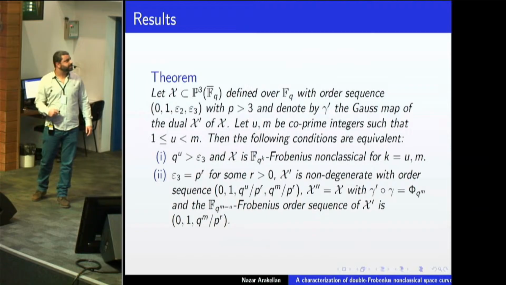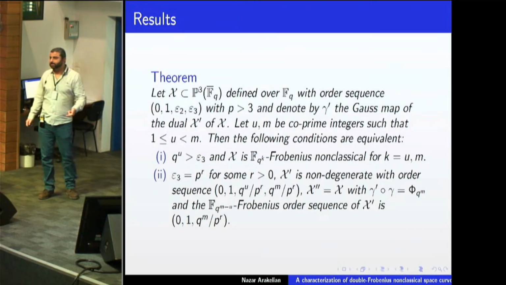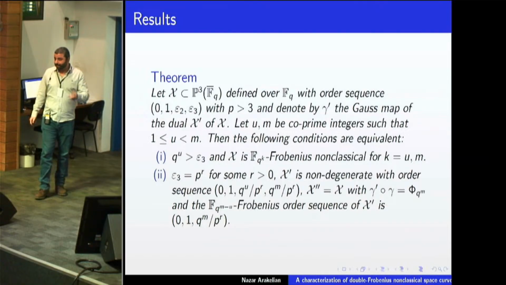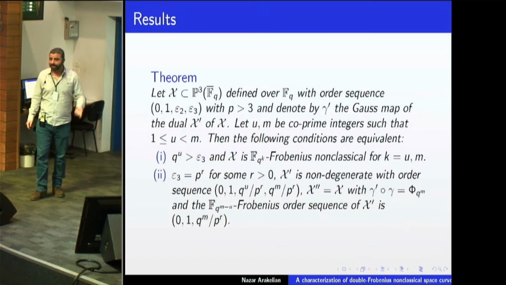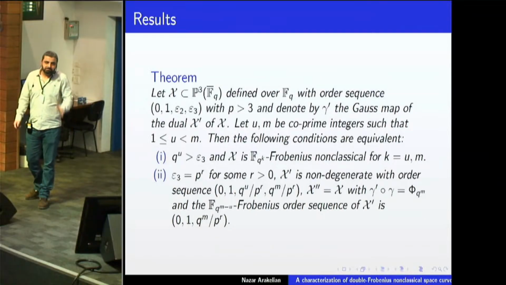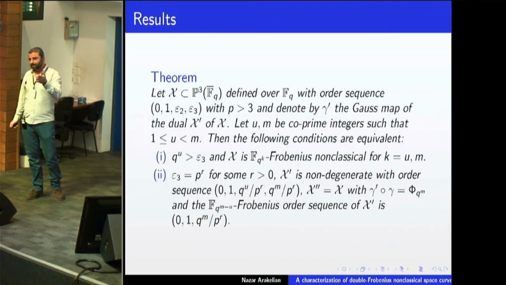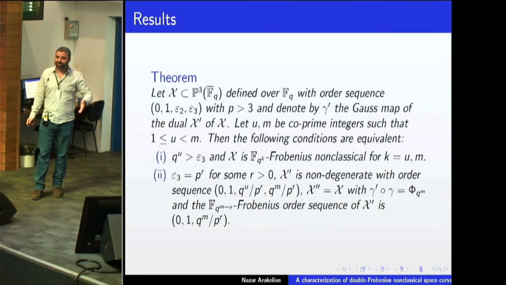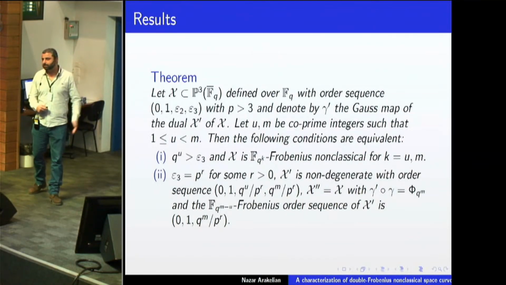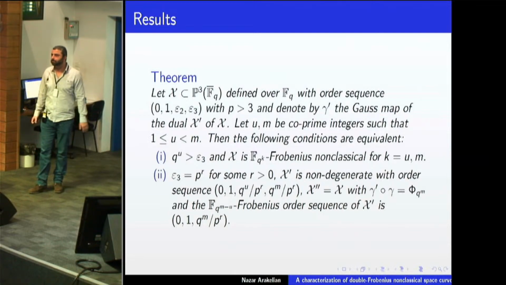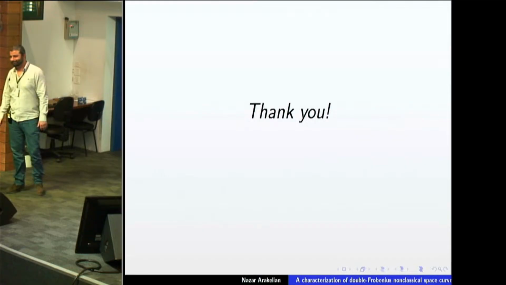And in this case, we know by a result of Professor Roma that your curve is non-reflexive and the tangent space is non-reflexive as well. So if you want to construct space curves that are non-reflexive with non-reflexive tangent spaces, you can just construct a double Frobenius non-classical curve and take the strict dual. And well, that's all. Thank you.